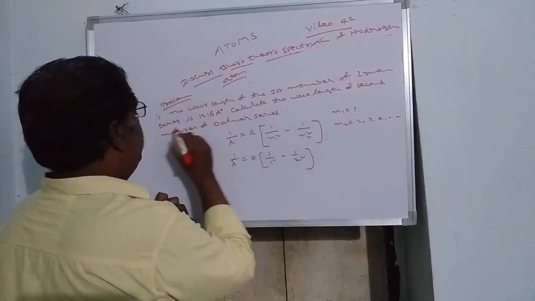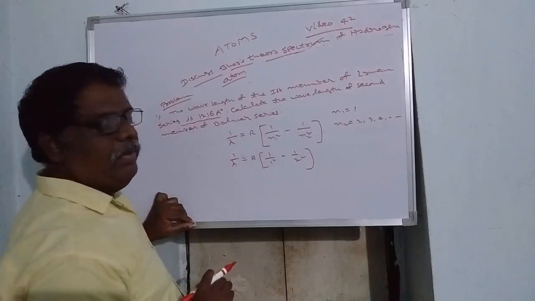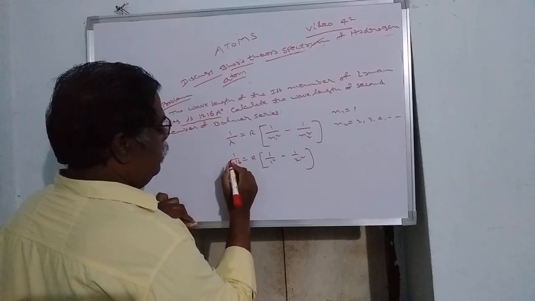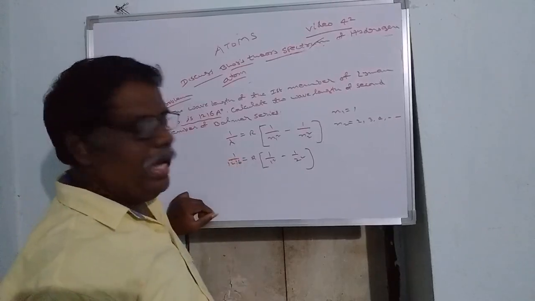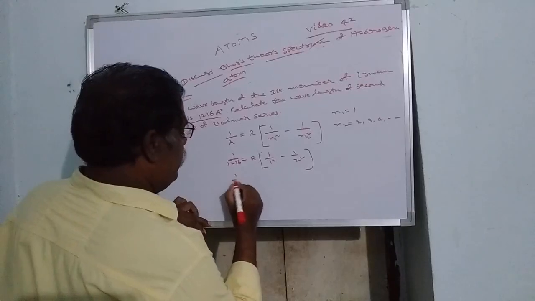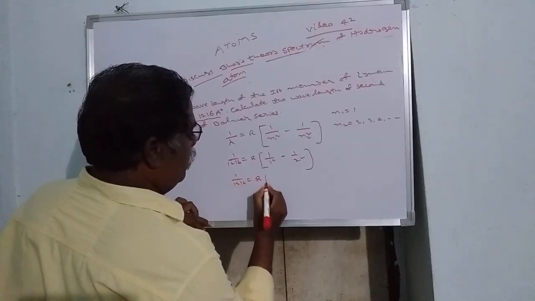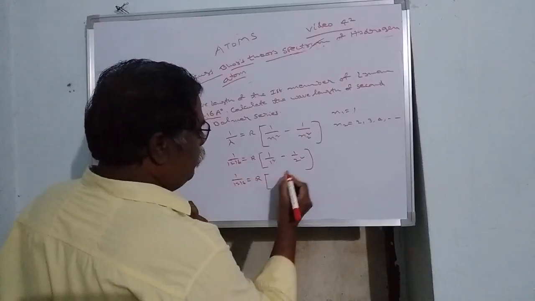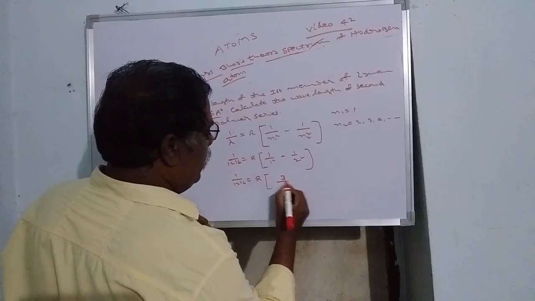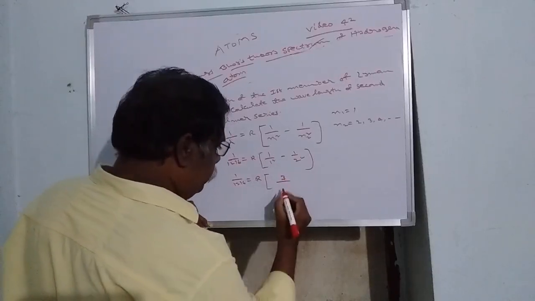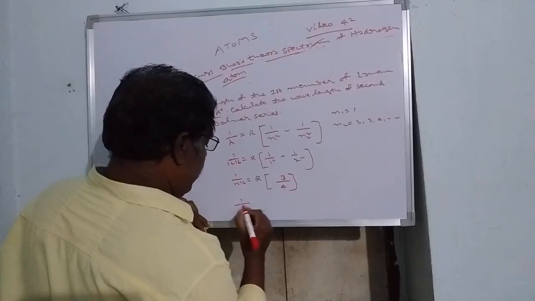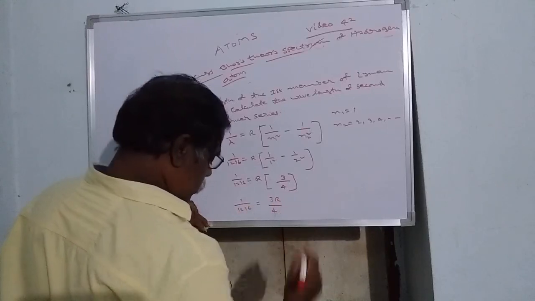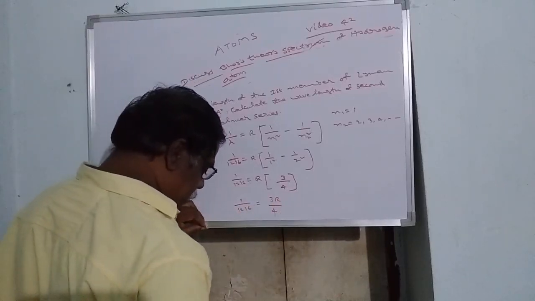The wavelength given for the Lyman series is 1216 angstroms. So this will be written as 1 by 1216 is equal to R into (1 by 1 square minus 1 by 4), that is 3 by 4. That means 1 by 1216 is equal to 3R by 4. Call this equation number 1.